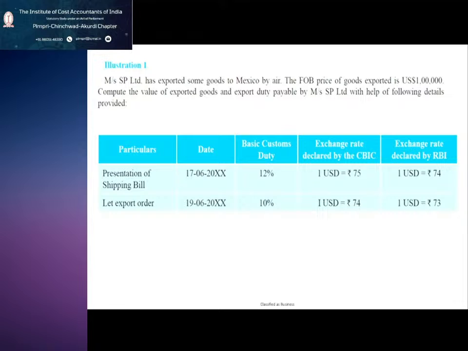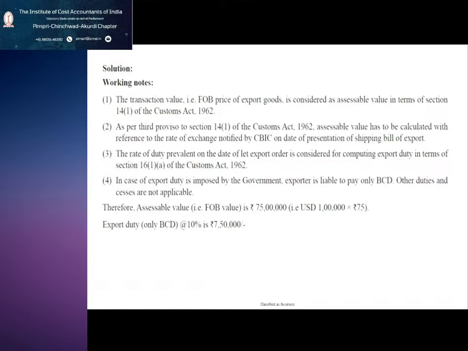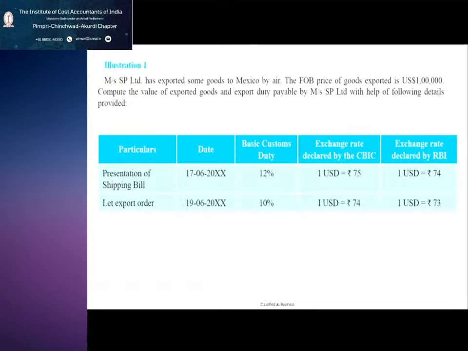Number two is the customs duty rate. Which duty rate should we consider? It is the LET export order, which is the latest one. That is, the rate of duty prevalent on the date of LET export order is considered for computing the export duty. So there are two major things while computing the export duty: date is important, rate is important, and exchange rate is important.